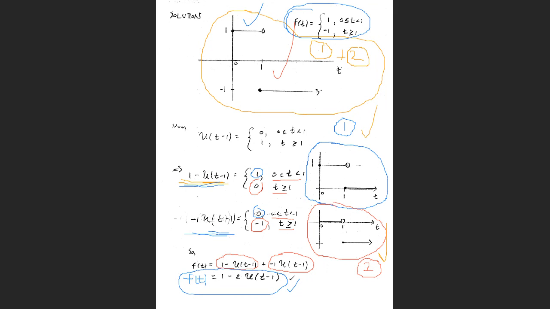So now, what would we do here then? If you can express the piecewise function this way, then you know how to take the Laplace transform of a unit step function, and you know how to take the Laplace transform of the number 1.